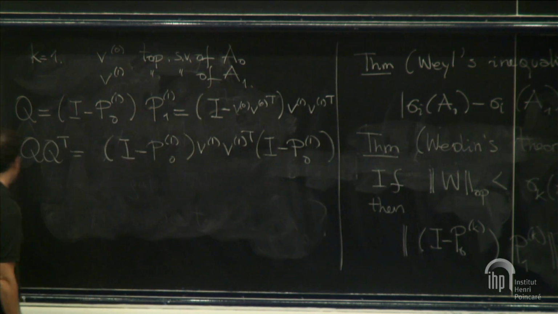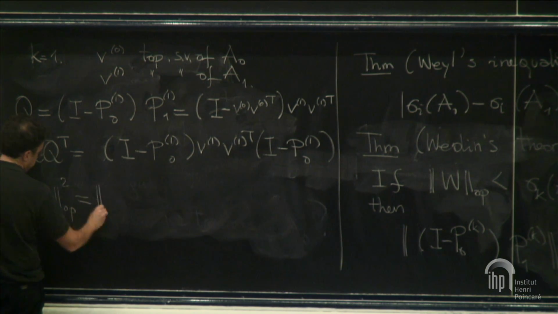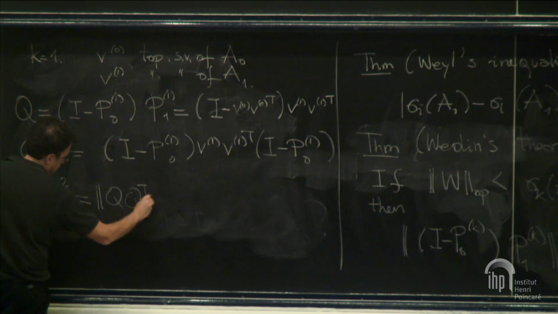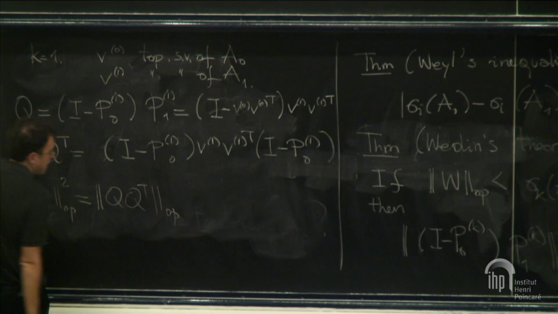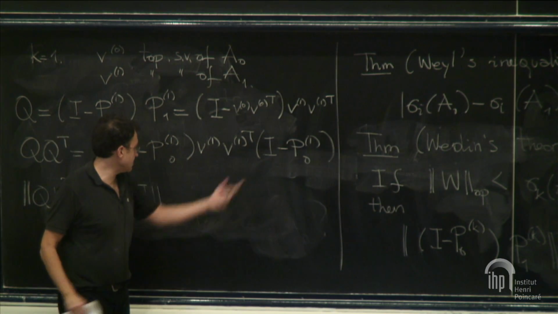Okay. So if you compute the operator norm of Q, it is just the square root of the operator norm of this one. And this is just a rank 1 matrix, right? It's a vector times its transpose.